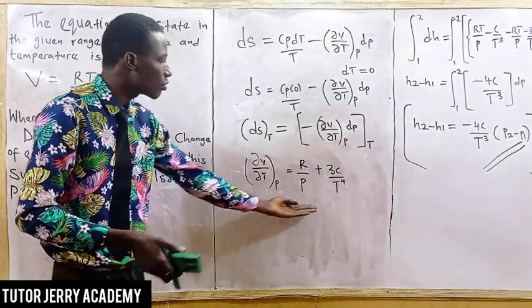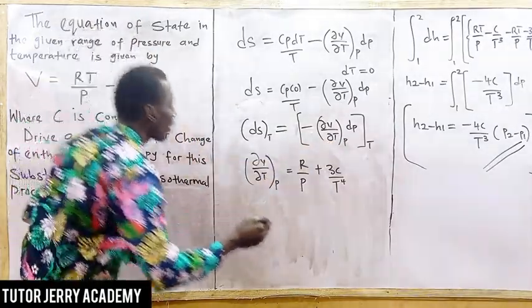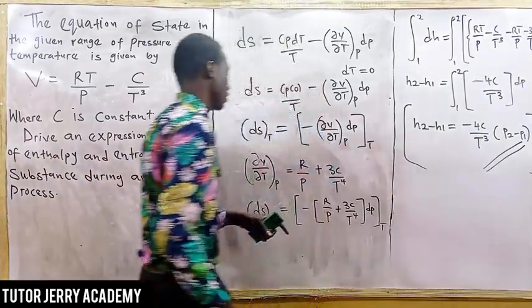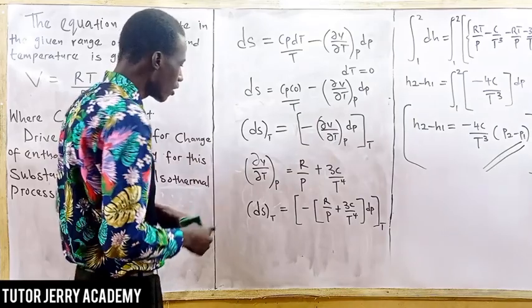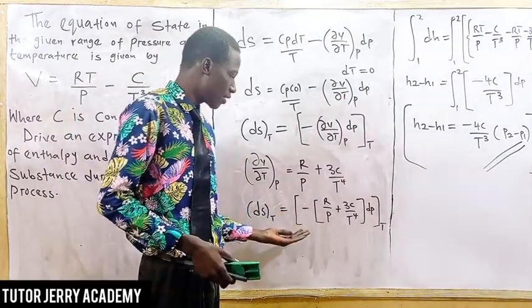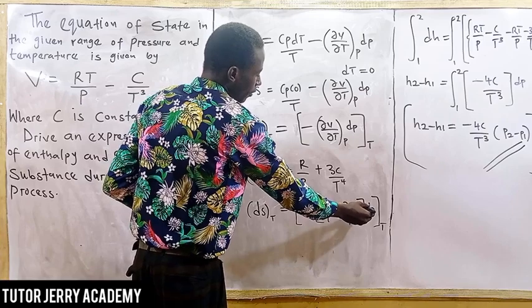So we can substitute this value for this in this equation. If we do that, we are going to have the partial derivative of S over P, keeping T constant. As we know, we have made T equal to 0. So from this equation, we are going to multiply this bracket through by the negative sign.